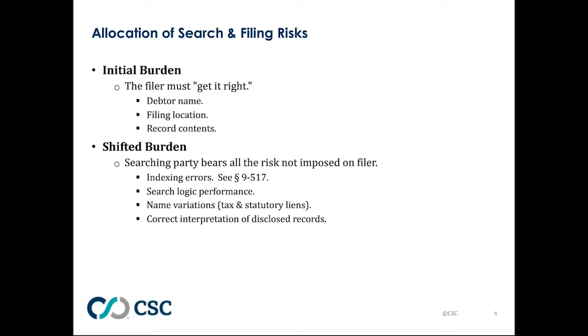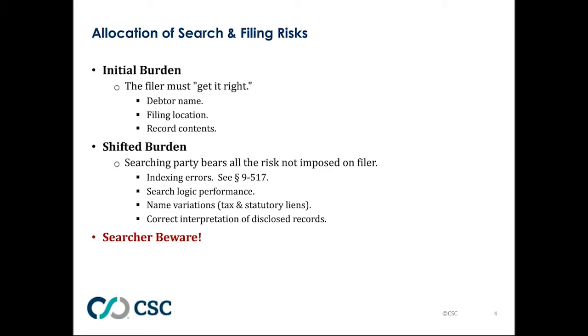So what we really have is a system where the searcher has this broad general risk and has to beware. It's a searcher beware type of system. And this means that searchers have to be very careful and they have to cast a broad net as they conduct a diligent search.